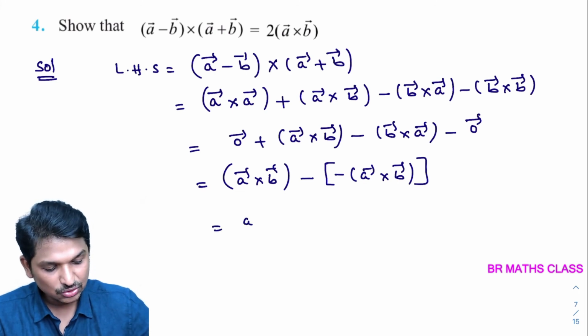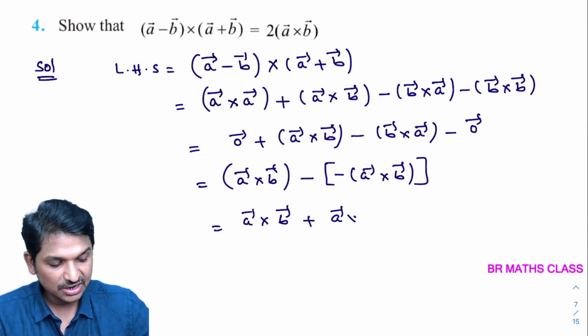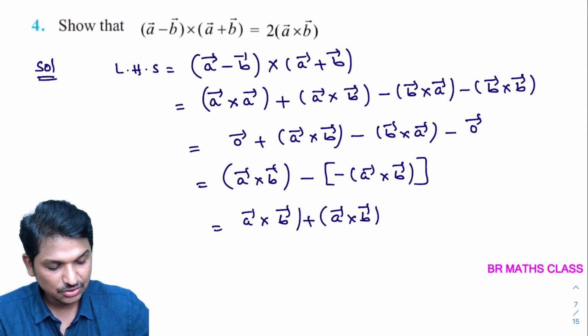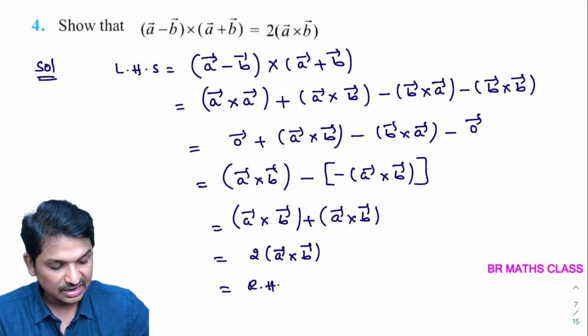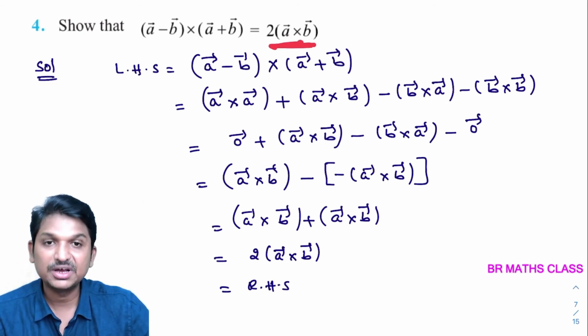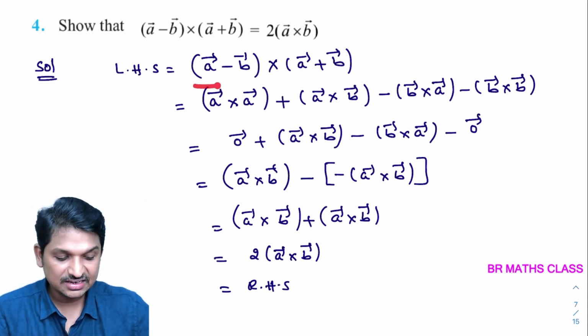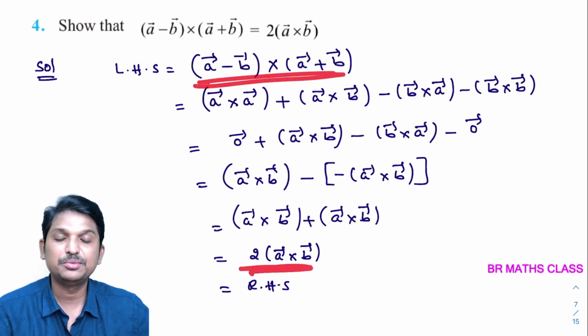So this equals a bar cross b bar plus a bar cross b bar, which is 2 times a bar cross b bar. So this is the required RHS. I took the LHS and I got the RHS, 2 times a bar cross b bar.